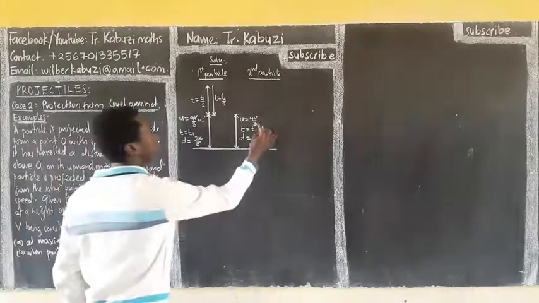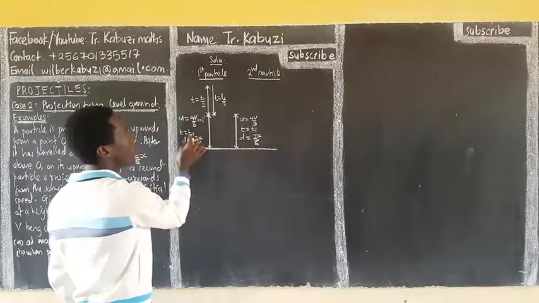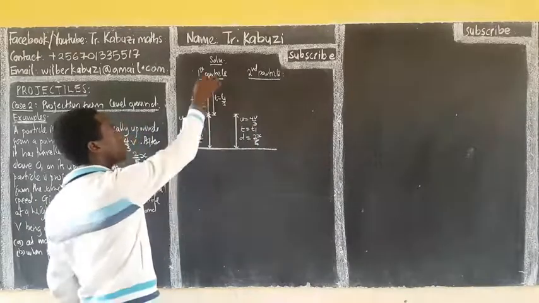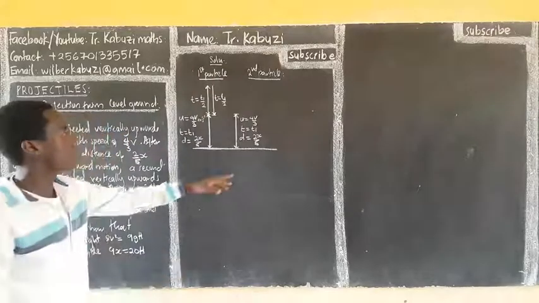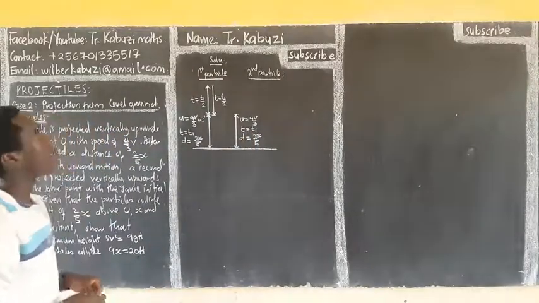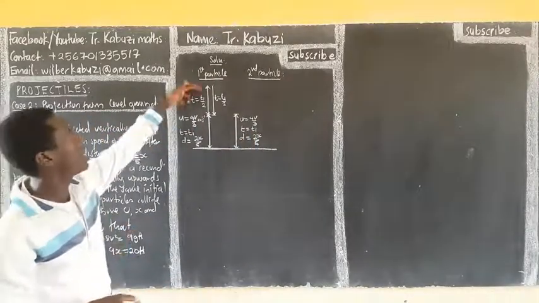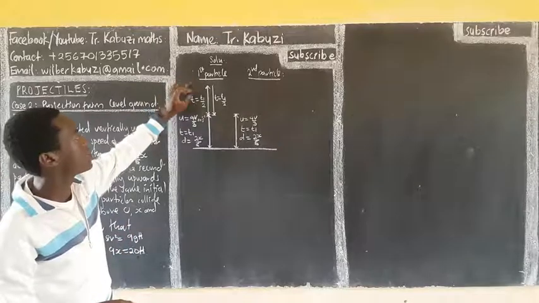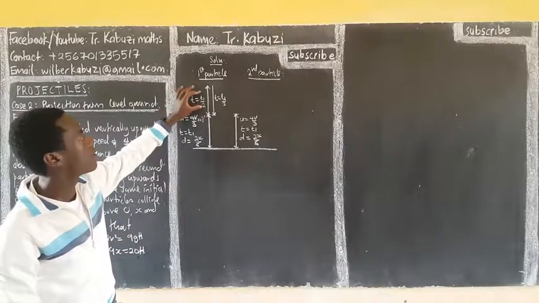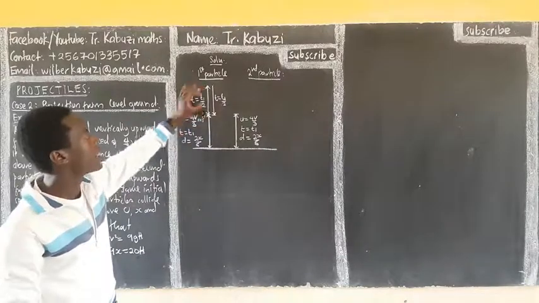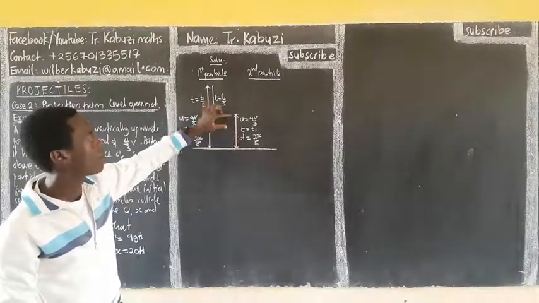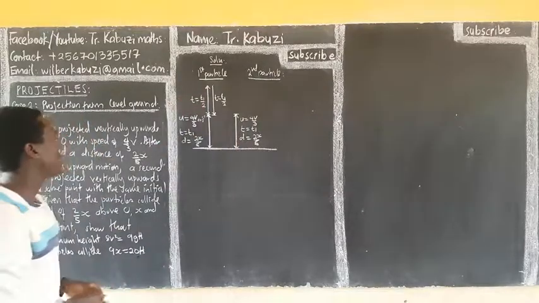Because they are having the same speed, that's why I'm taking t1 here to be the same. So going up to the height and then coming back, it's going to use t1, the whole. Meaning that going up it uses t1 over 2, and then t1 over 2 also coming back. So when we add this, we get a time, and this one will also be using that time.